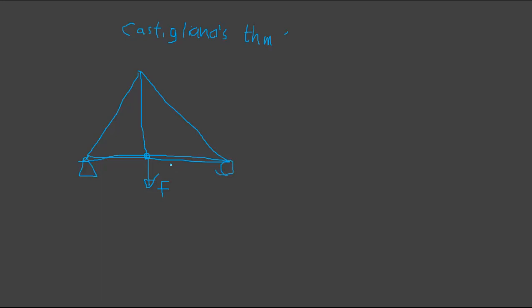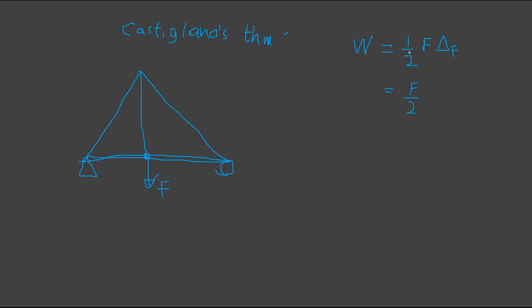Okay. So you remember the work done was half into delta, right? This is delta F, and if you want, you can write this as, so this is F equals Kx, right?